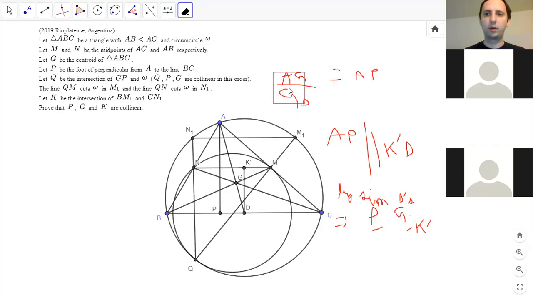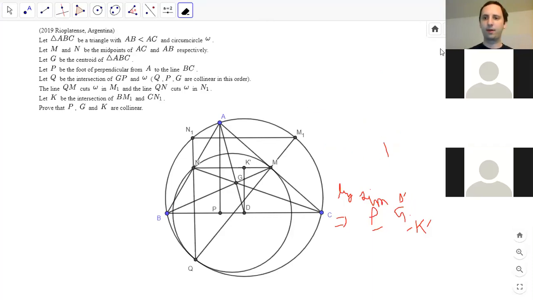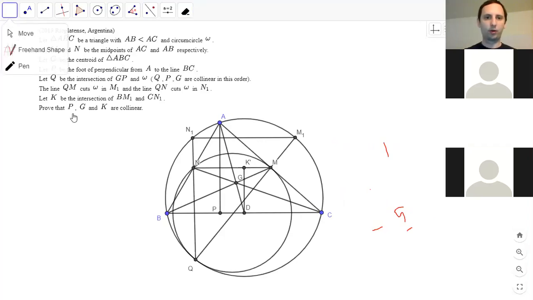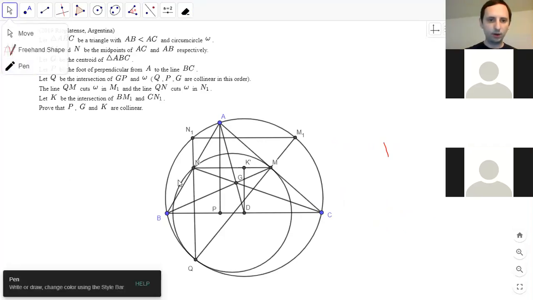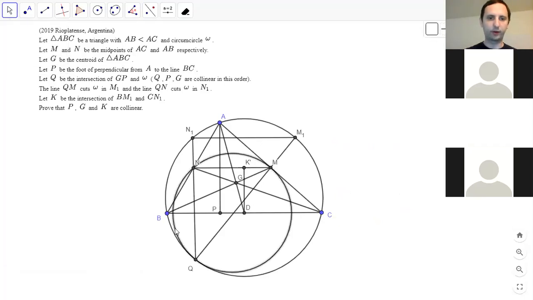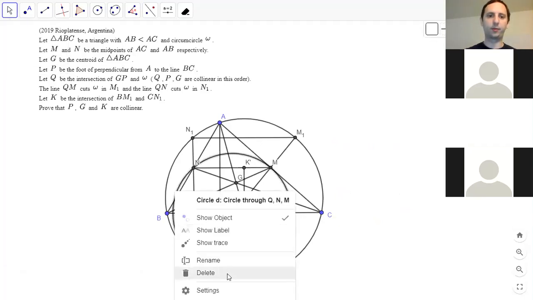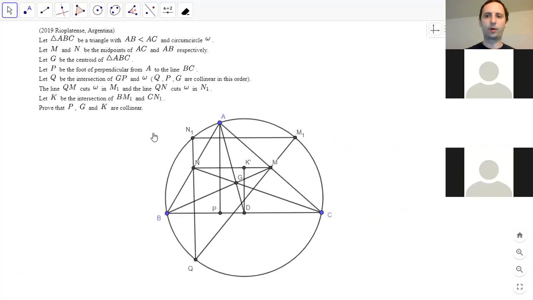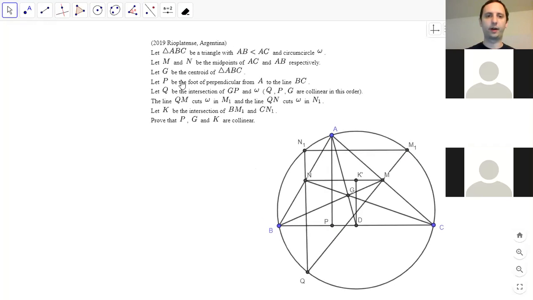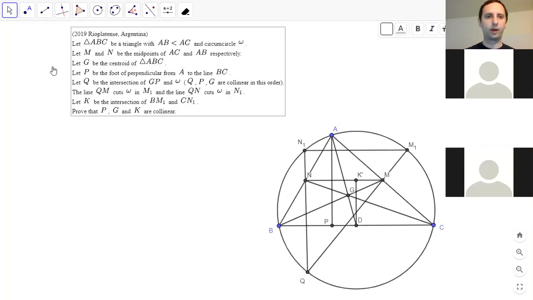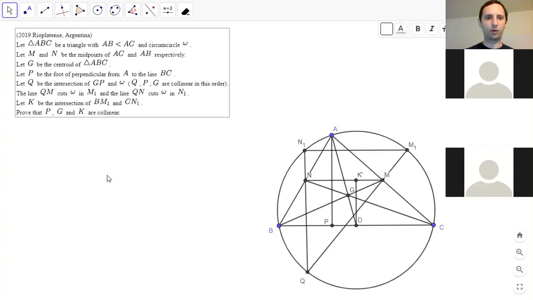I've written on the Zoom thing, so it cannot be erased by GeoGebra. All right, thanks, Arjun. I'm going to delete this circle because I don't think we need it for this problem, but it's probably useful in that IMO problem that you mentioned.